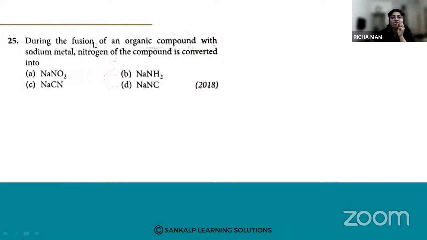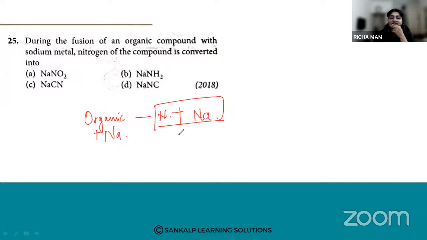During the fusion of an organic compound with sodium metal, nitrogen of the compound is converted into what? This we have seen in the synopsis, in the Lassaigne's test. If the organic compound contains nitrogen and it reacts with sodium, what does it form? When the organic compound is fused with sodium and nitrogen is present, it is converted into what?